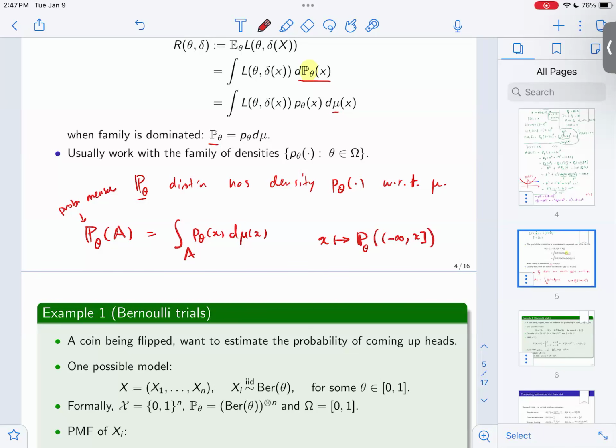So this is a function, this is the CDF. It takes x and outputs the probability of observing, it just outputs the probability for any x, gives you the probability that I'm in this interval.